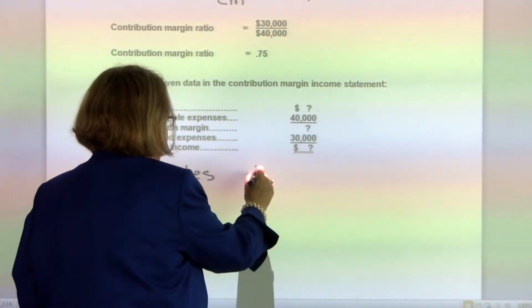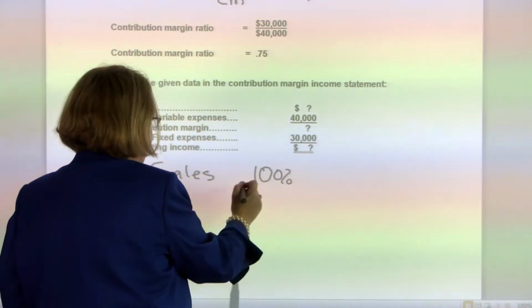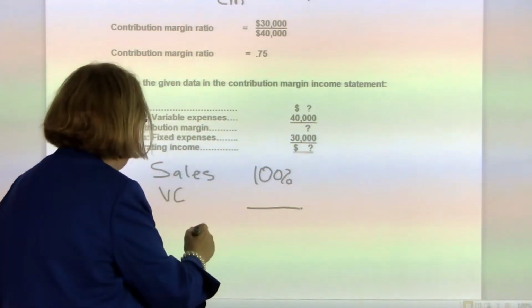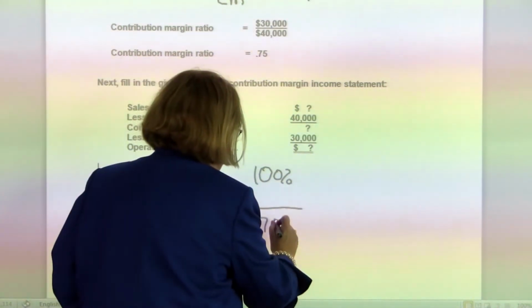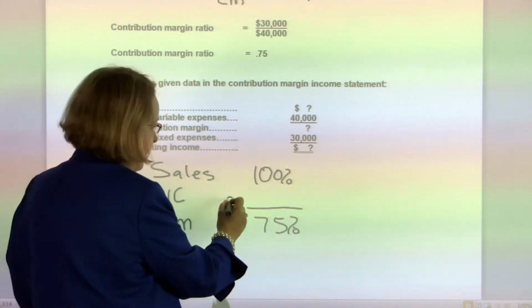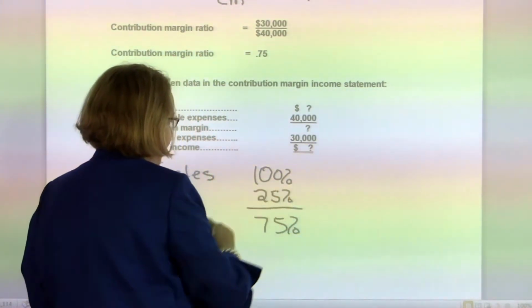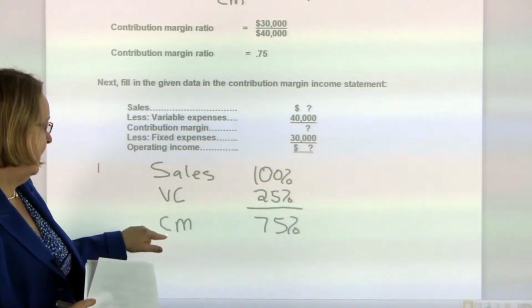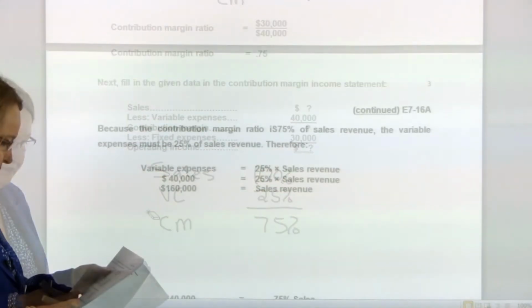Your sales is going to be 100%. Variable cost ratio, we don't know what that is, or we're not given it, but we've calculated our contribution margin ratio is 75%. So that means the variable cost must be 25%. Okay? So sales will be 100, and we just calculated contribution to be 75, so variable cost must be 25.